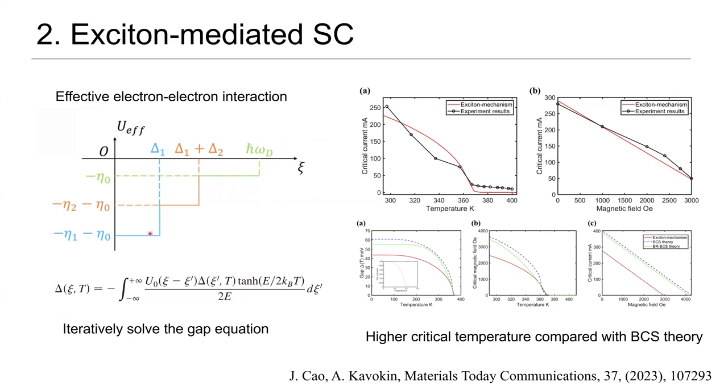Because of the participation of the exciton, the effective interaction constant is actually higher than the pure phonon-induced electron interaction, which means that the critical temperature can be higher in comparison with BCS theory.